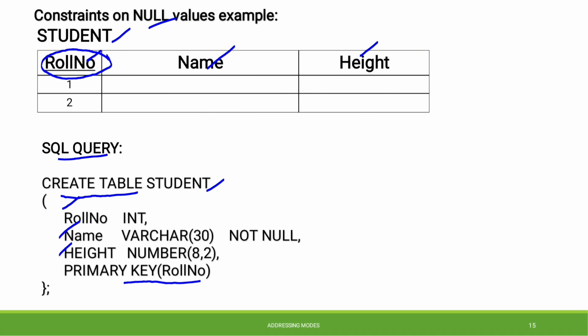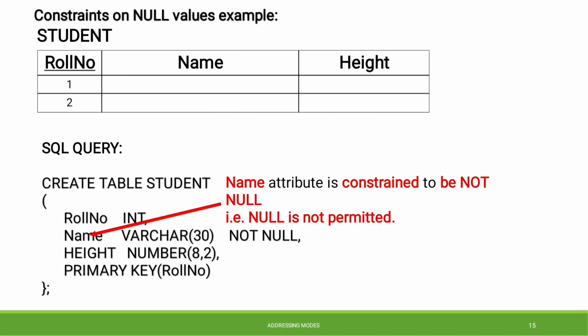That is the first point. Next, the name attribute is constrained to be not null. That is specified here. It means a null value is not permitted. So when we insert values into the student table, for example roll number 1 is entered here, but when it comes to the name attribute value, since a null value is not permitted, we have to enter the name compulsorily.